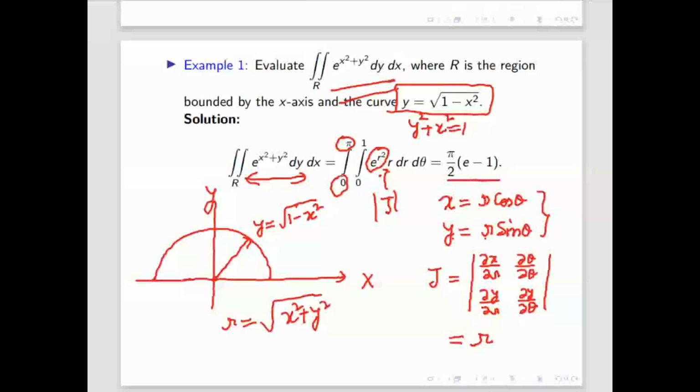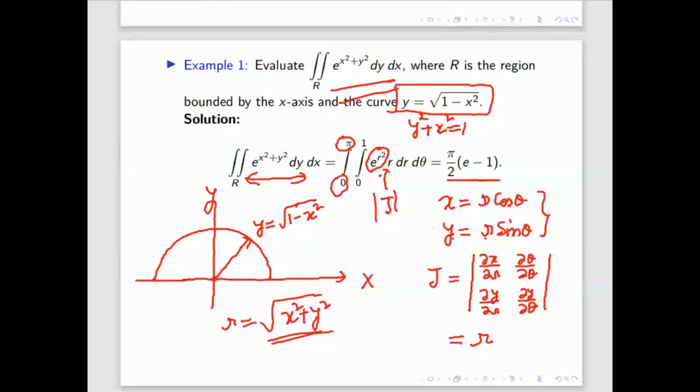So in this region, if it is a unit circle, it cannot go beyond this semicircle. It will start from here and go up to this circle only. On this circle the value will come 1, because x square plus y square is 1. So the upper limit is 1. For the lower limit, at this point it will start, where x and y both are 0, so r will also be 0.